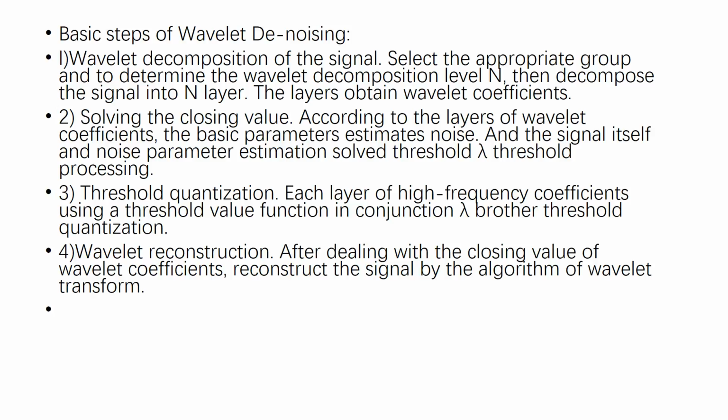The layers give the wavelet coefficients, and then we solve for the threshold value. According to the layers of wavelet coefficients, the noise parameters are estimated from the signal itself, and the noise parameter estimation is used to solve the threshold lambda for threshold processing.